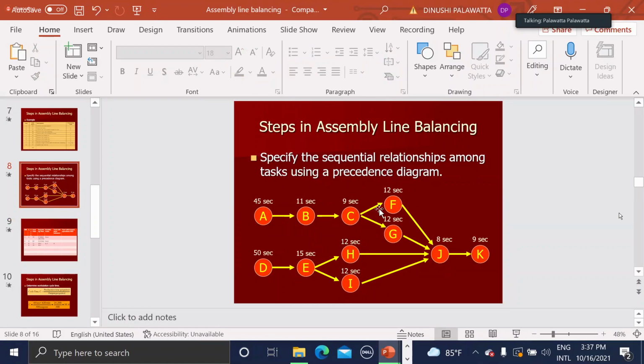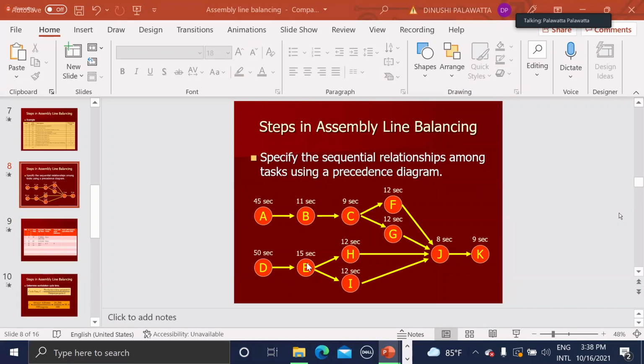Out of them, E has 4 and C has 4 following tasks. E became feasible because D has been allocated to workstation 2.